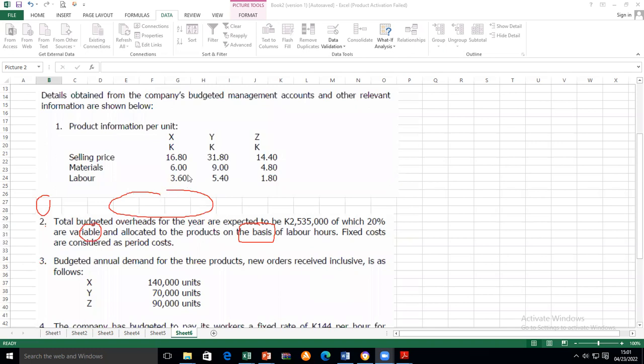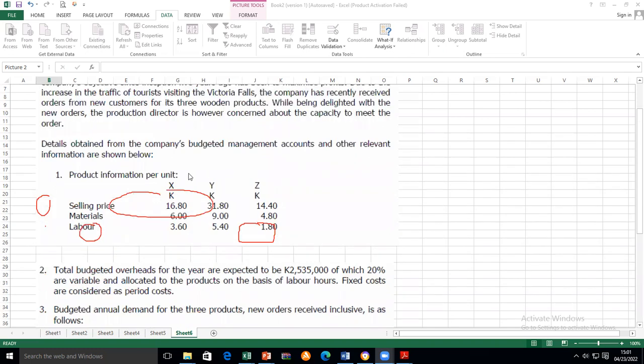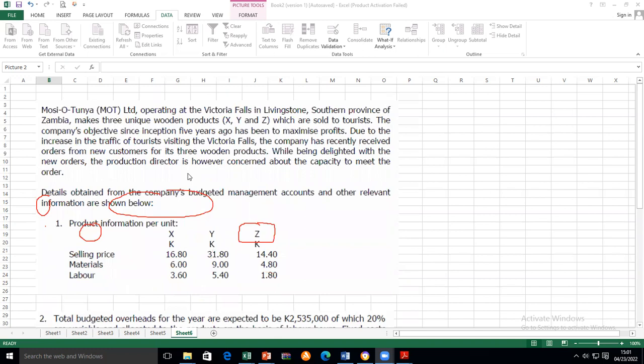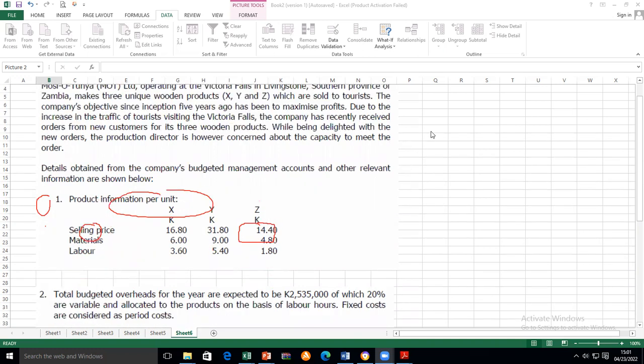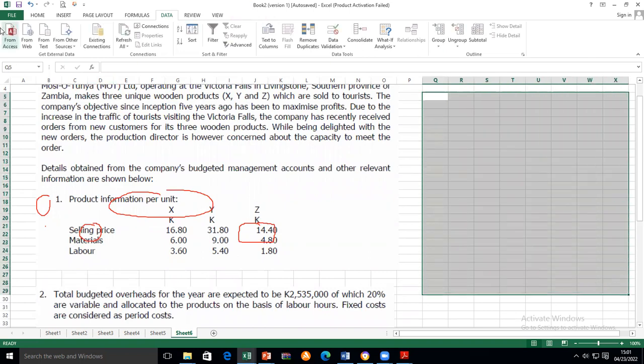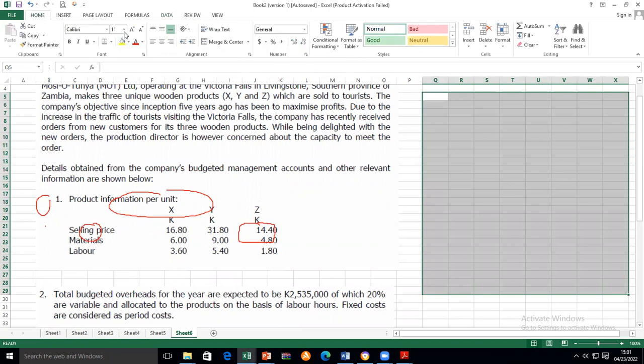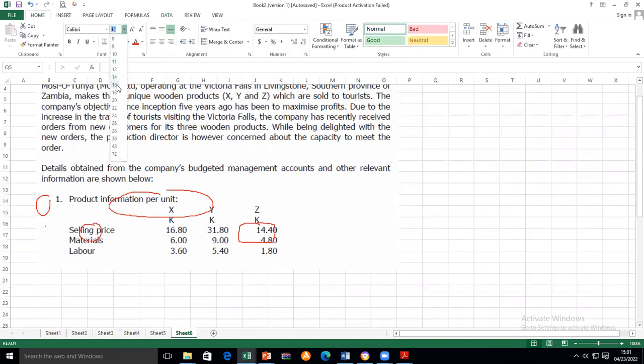So this is making a reference to a limiting factor. So the first step is that we need to confirm the limiting factor. That's what we must do.